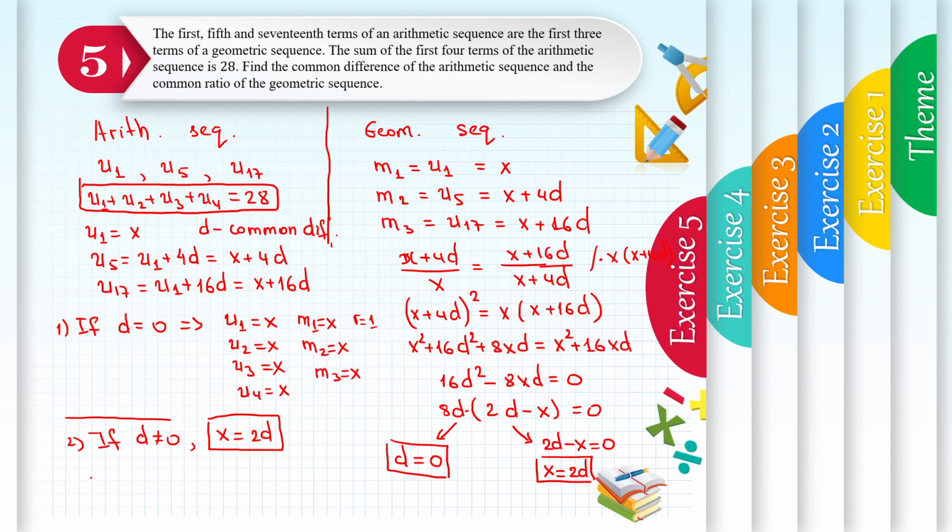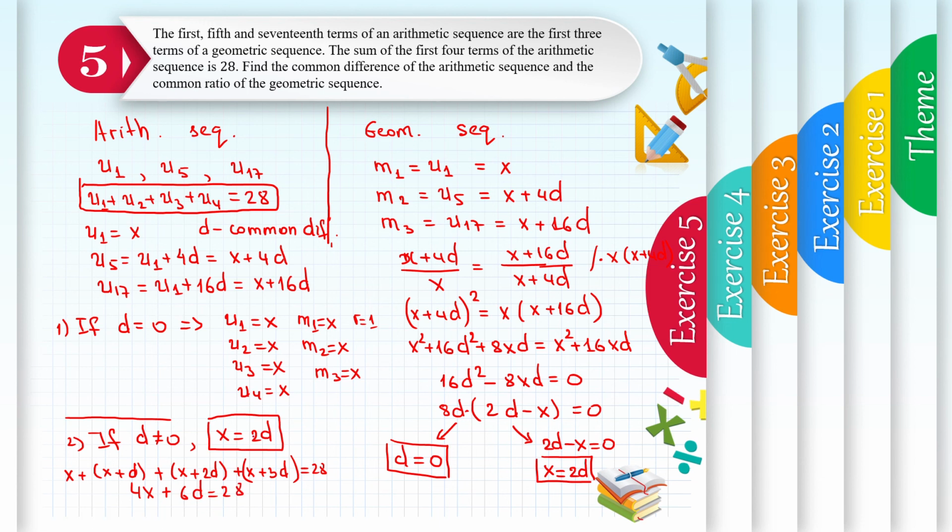So x plus (x plus d) plus (x plus 2d) plus (x plus 3d) is equal to 28, or 4x plus 6d is equal to 28.